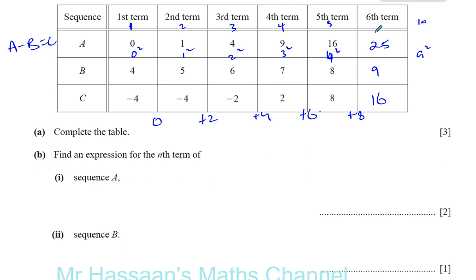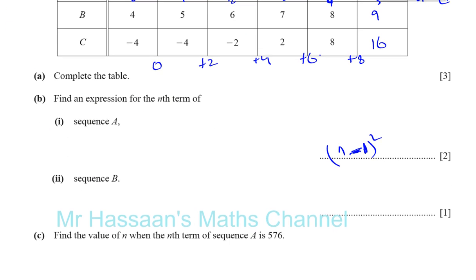So the sixth term is going to be, you take 1 away and square it. So it's going to be 6 minus 1, which is 5 squared. So the nth term is going to be, take 1 away from n and square it: n minus 1, all squared. That's an easy way to do a quadratic sequence when you recognize the square numbers in the sequence itself.